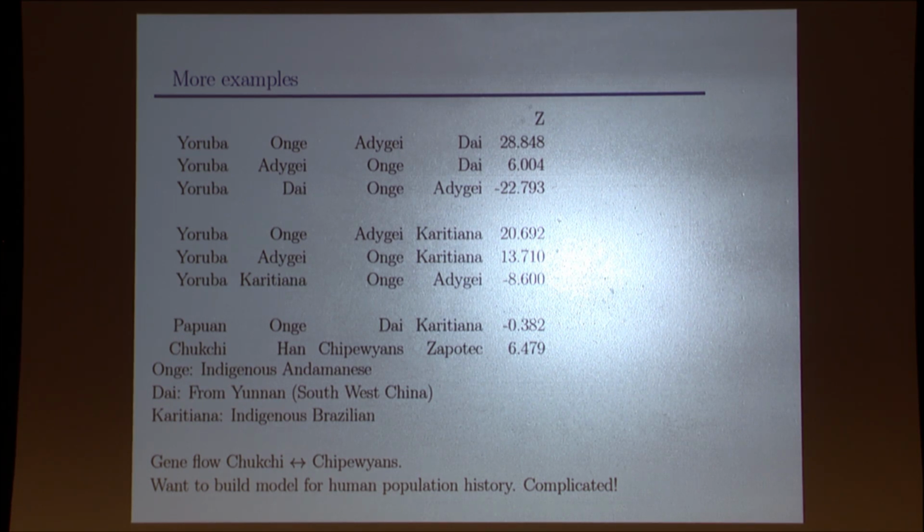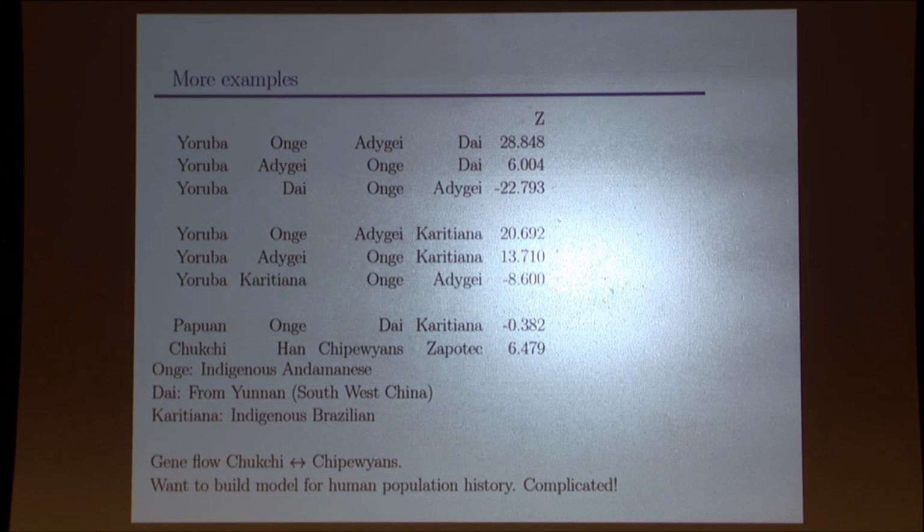And I'll just make a comment on the last line. We have Chukchi, who are a population in the peninsula, the Russian peninsula, right by the Bering Sea. It's the northeastern point of Eurasia.